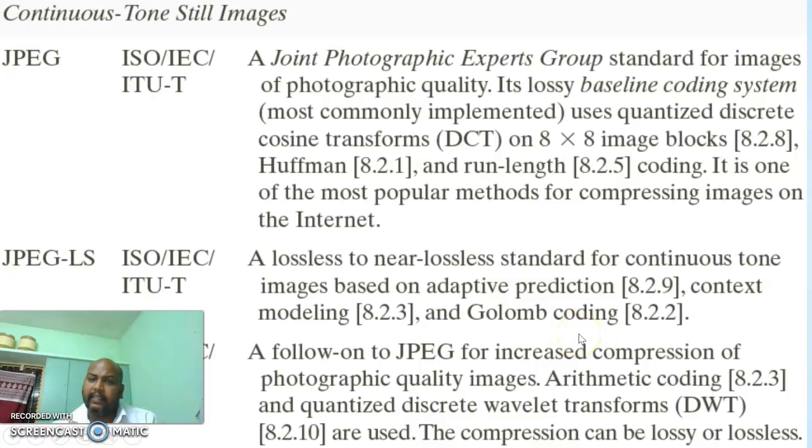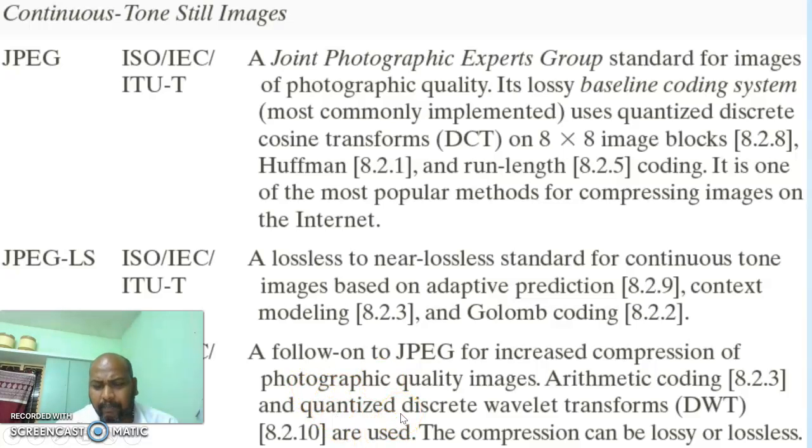So this coding has been modified in JPEG.